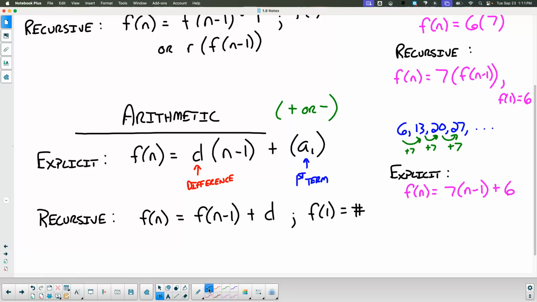My recursive would be f of n equals f of n minus 1 plus 7, where f of 1 is 6.